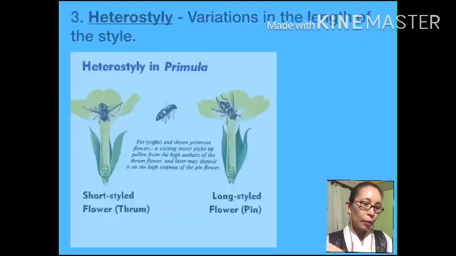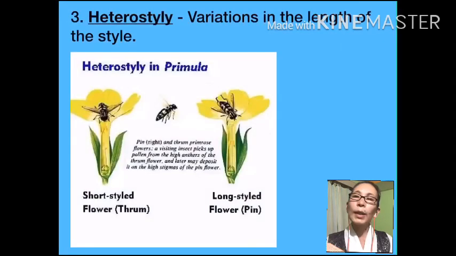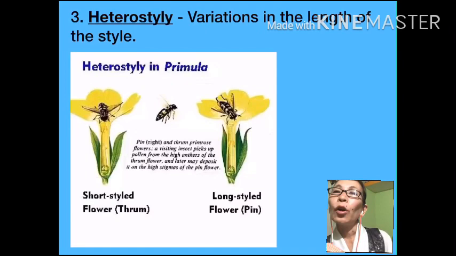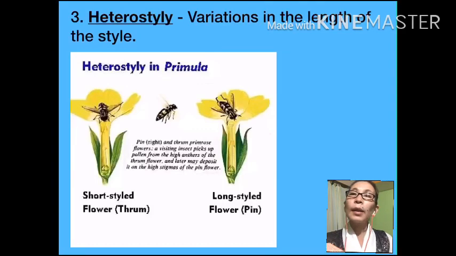Likewise, there is another phenomenon known as heterostyly. Heterostyly is a phenomenon where there is variation in the length of the style. And this is seen in plants such as primroses. In primroses, we have two types of flowers, thrum flowers and pin flowers.